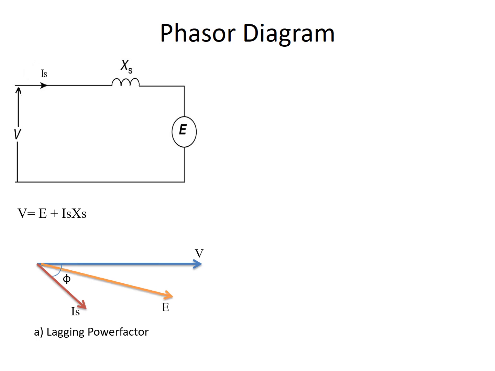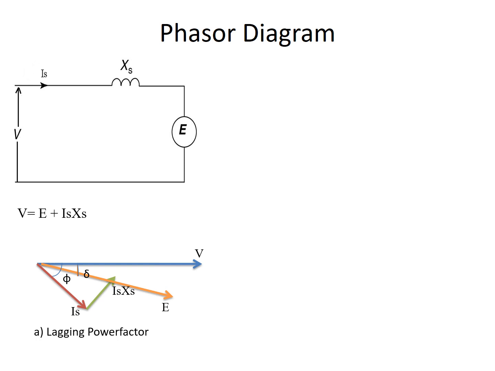Next I will draw vector E, and you know that the angle between E and V is delta. Now if I were to draw IsXs, it has to be perpendicular to Is. So this is IsXs vector.